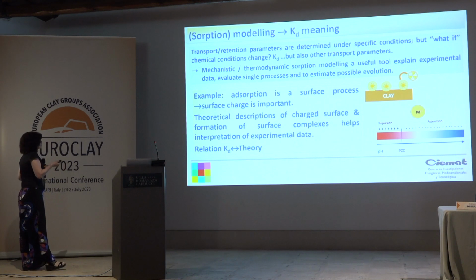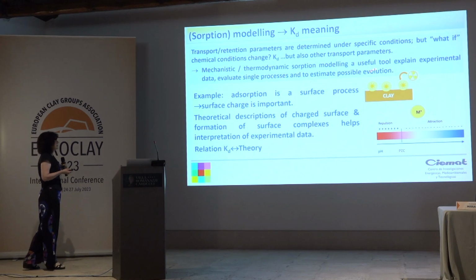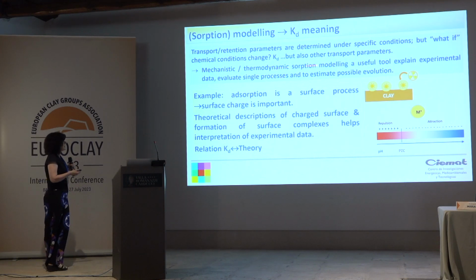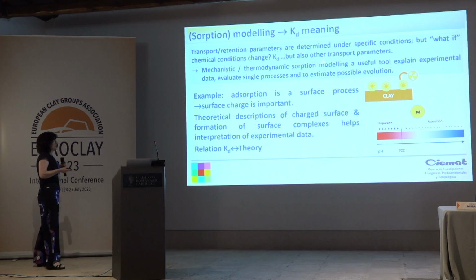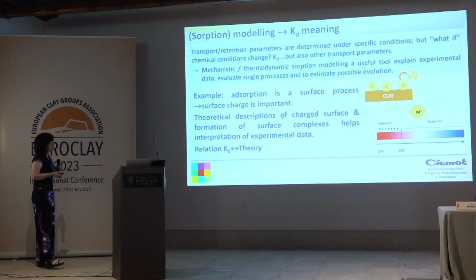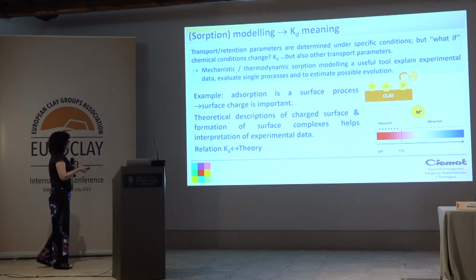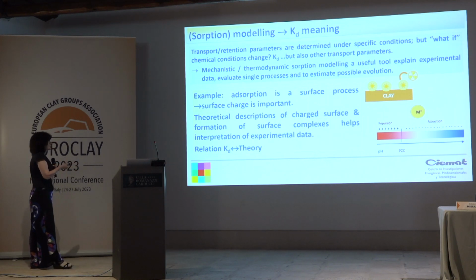It's important to keep in mind that a mechanistic and thermodynamic sorption model is a useful tool to explain the experimental data, to evaluate single processes, and to estimate their possible evolution. If we consider sorption, it is a surface process, so the surface charge is important.